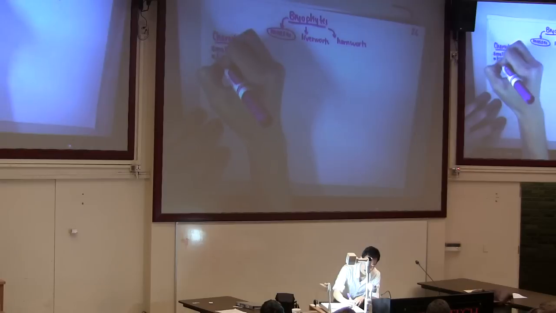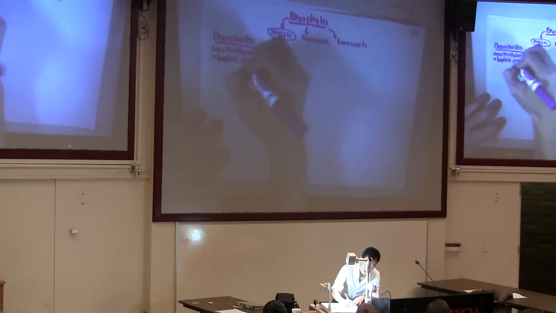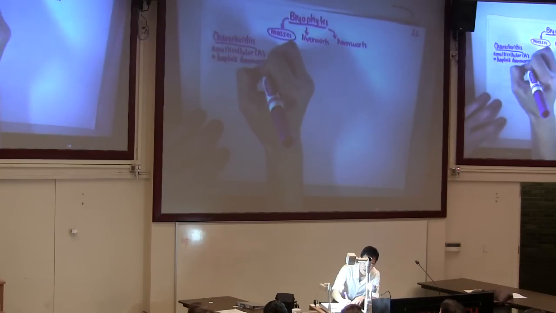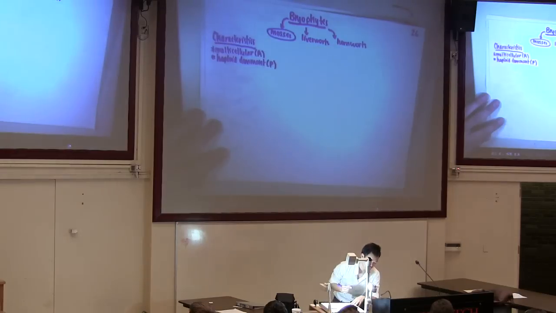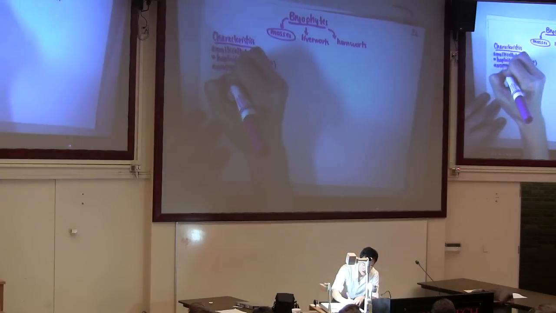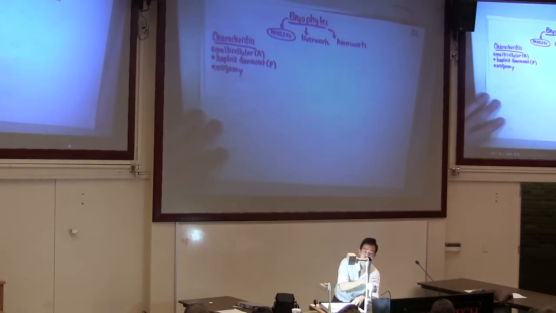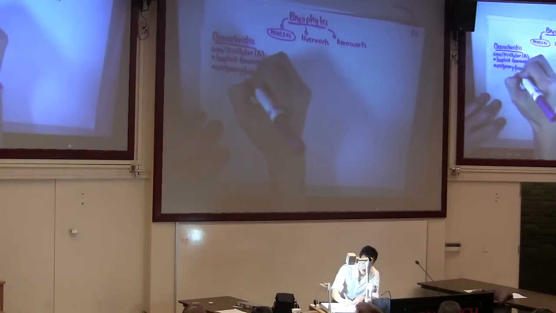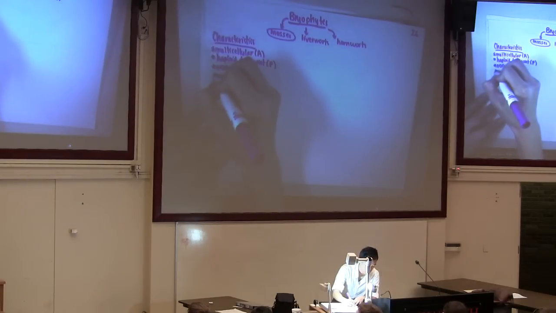They are haploid dominant. So that's still a primitive feature. Isogamy or oogamy? Oogamy. Is that an advancement over Chlamydamonas or is it still primitive? It's an advancement, right? Chlamydamonas were isogamous.